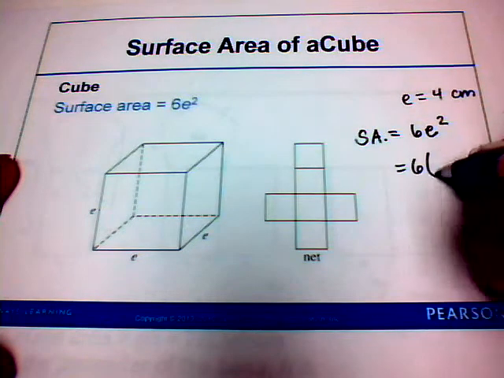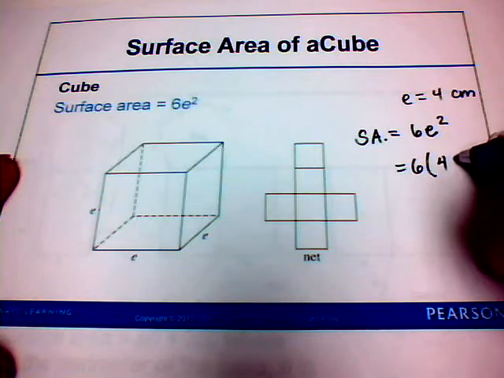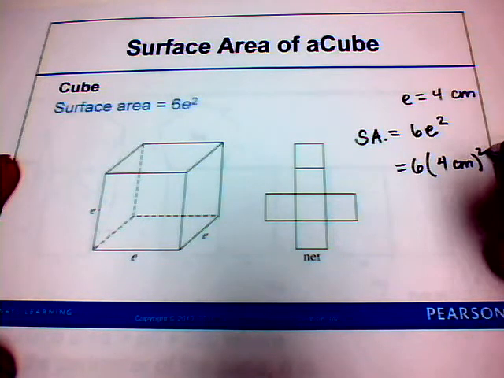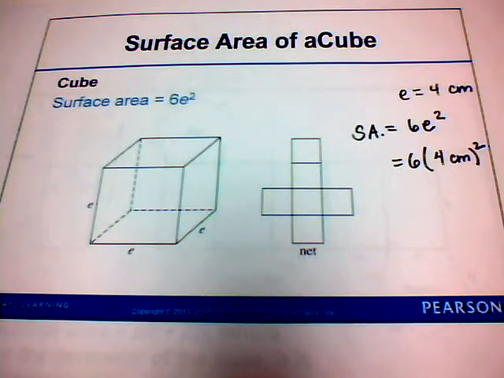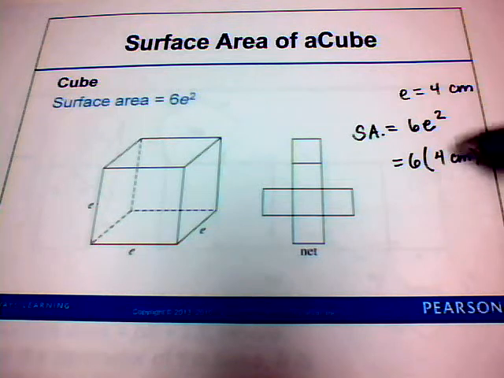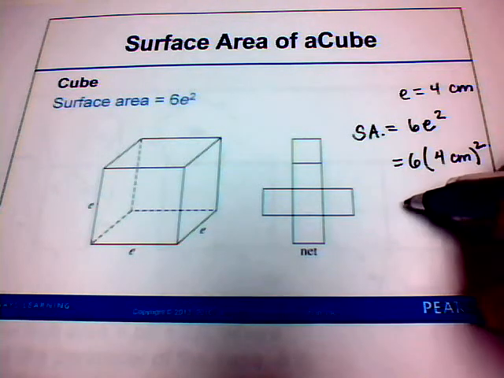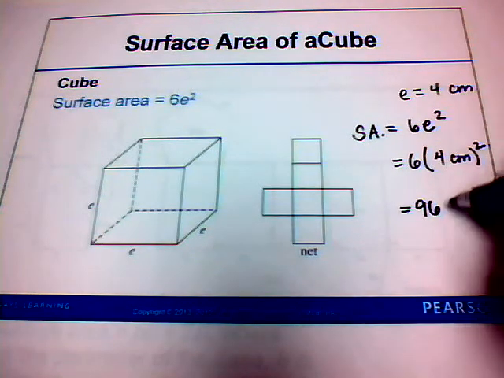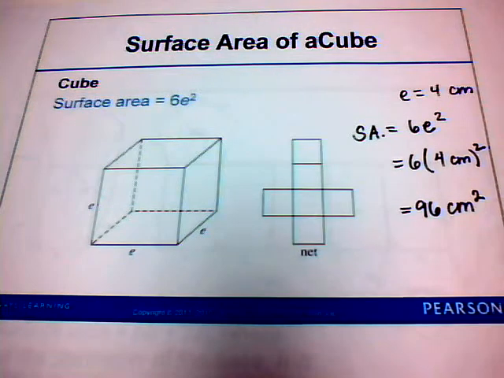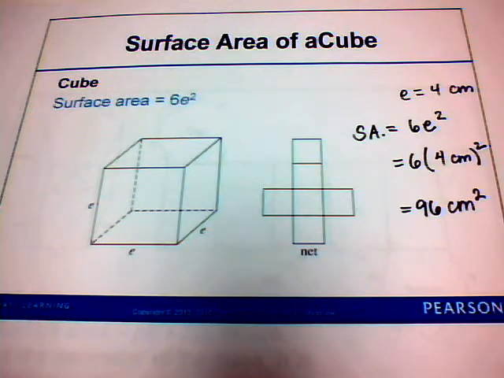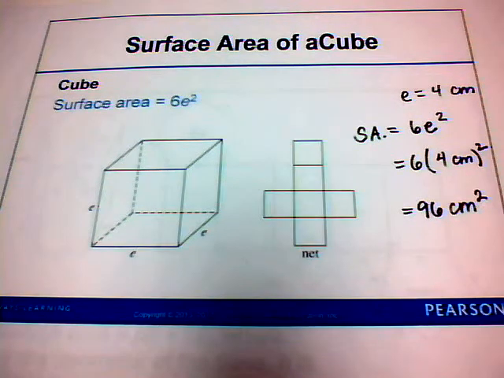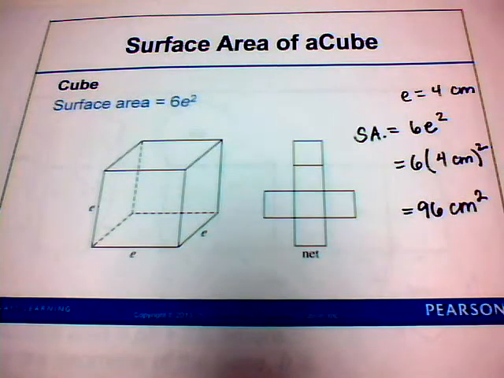The edge is 4 centimeters, so that's 4 centimeters squared, multiplied by 6. Well, 4 squared is 16, from 4 times 4. So 16 times 6 is 96. And it will be 96 square centimeters for the surface area of the cube with the edge of 4 centimeters.